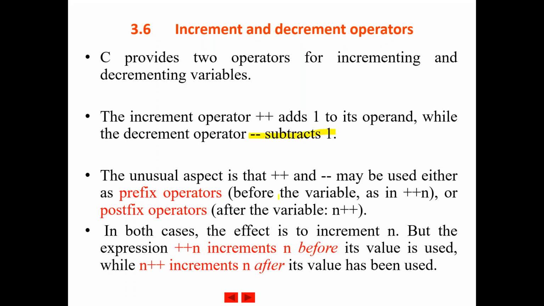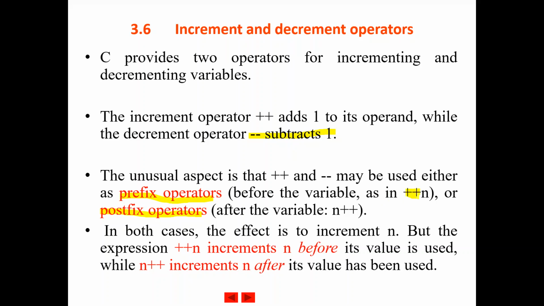There is a peculiar character for the increment and decrement operator. It depends on where the operator is written. We can use both the increment and decrement operator in two ways, either as a prefix operator or as a postfix operator. Prefix means we are placing the operator before the operand. Is it clear?